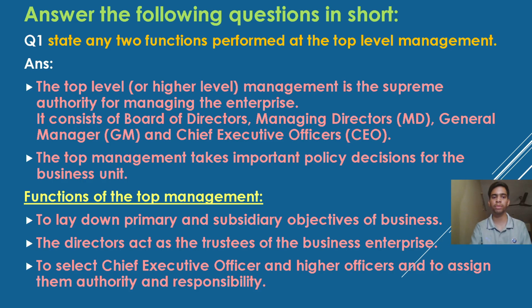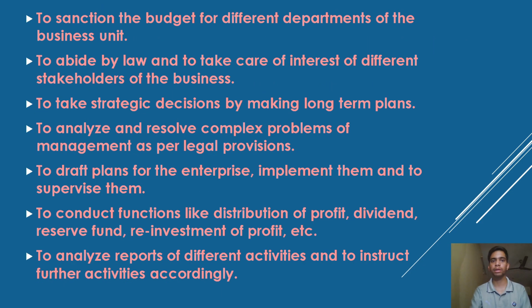Functions of the top management: to lay down primary and subsidiary objectives of business, the directors act as the trustees of the business enterprise. To select chief executive officer and higher officers and to assign them authority and responsibility. To sanction the budget for different departments of the business unit.